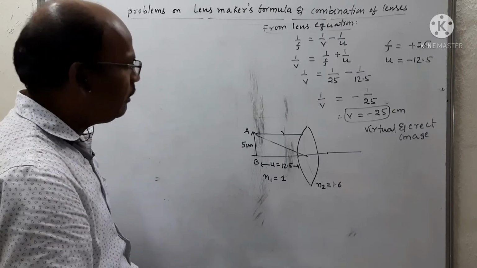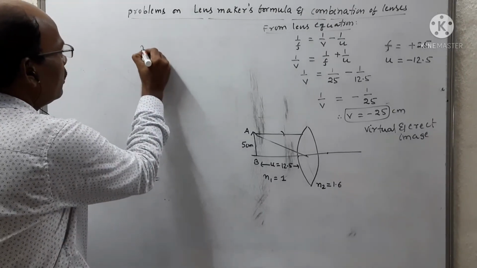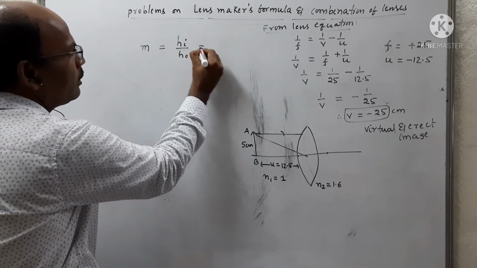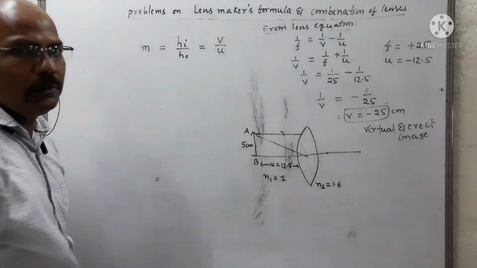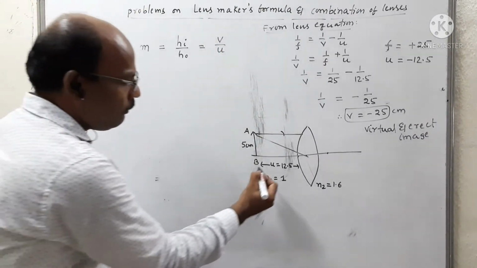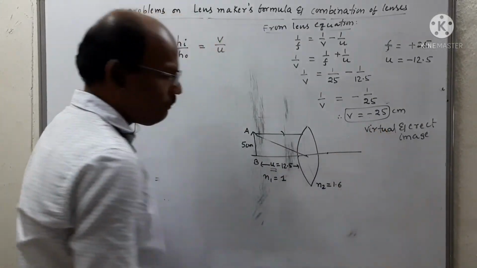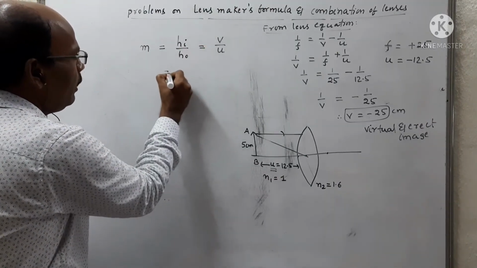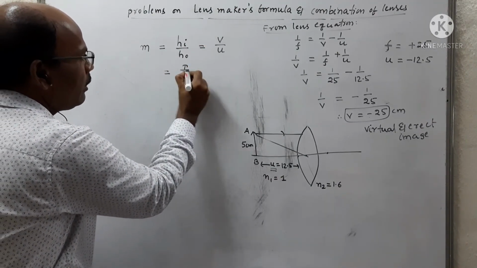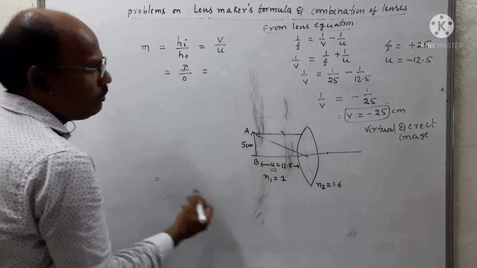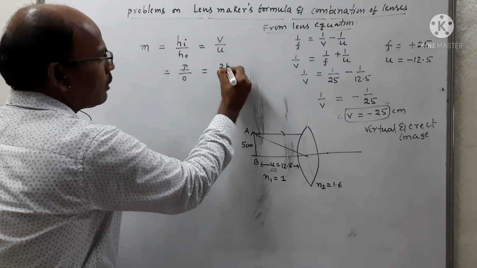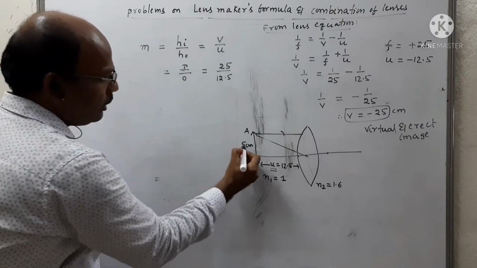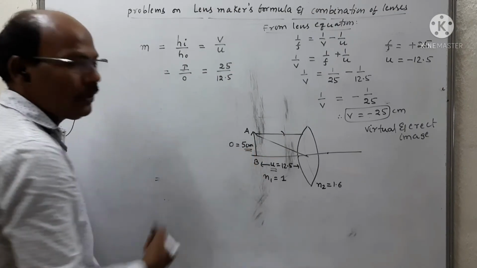So we can write the magnification like this. Magnification is equal to height of image by height of object, that is equal to v by u. We know the values of u and v. Then find the value of the height of the image. So image by object is equal to v, meaning 25, by u, meaning 12.5, and the height of the object is given as 5 centimeters.